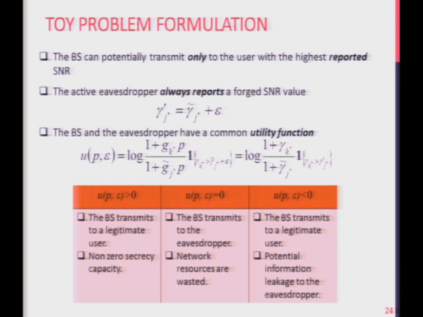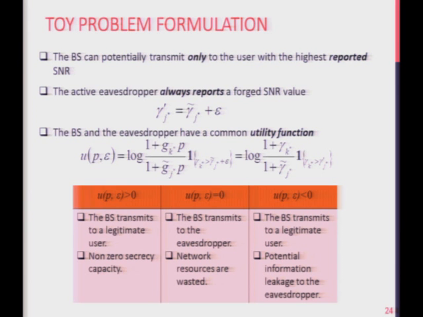And we use game theoretic tools to approach this type of competitive interaction. So we have a common utility function here that is closely related to the secrecy capacity of the network, but also depends on the probability that the eavesdropper does not manage to confuse the base station, does not manage to convince the base station to take a bad action. So this whole game relies on the sign of this utility function.